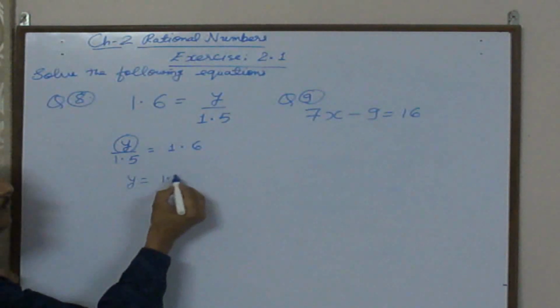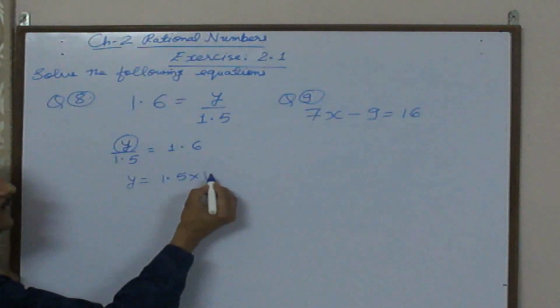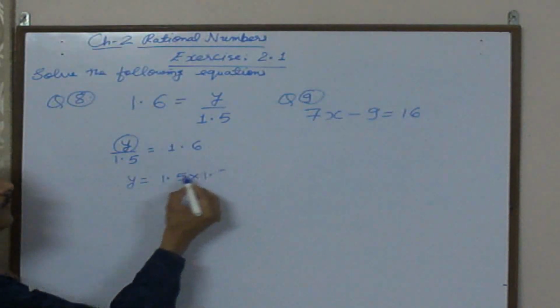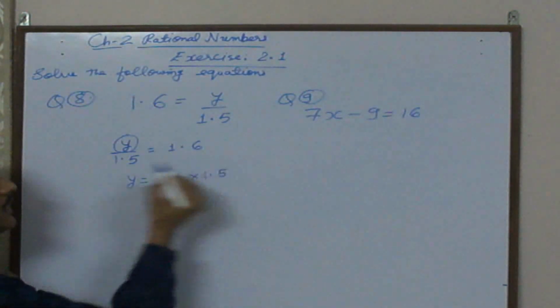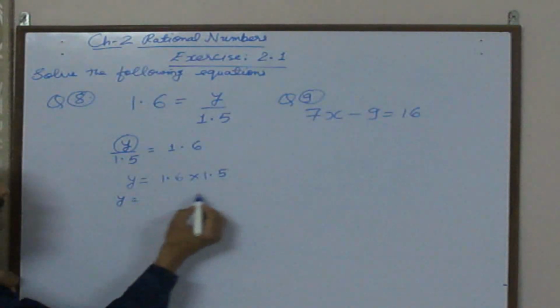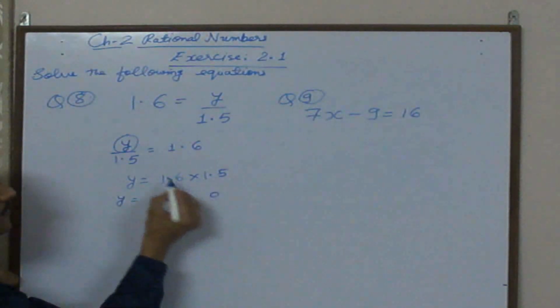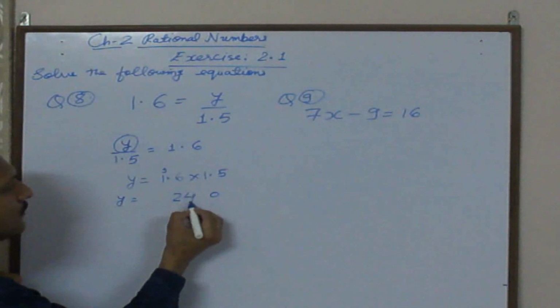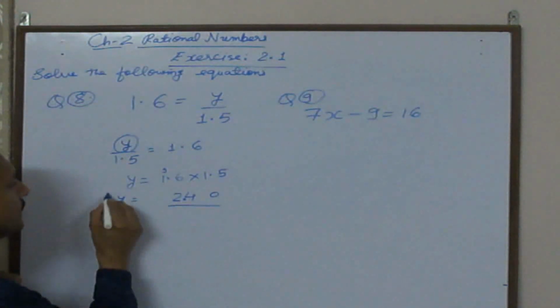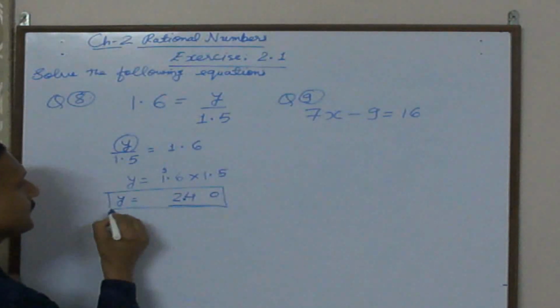So it will go to multiplication with 1.6. 1.6 into 1.5, multiply it. So y equals 2.40.